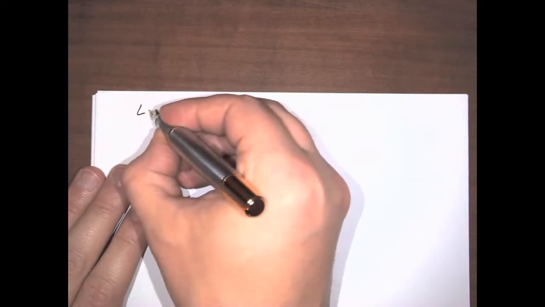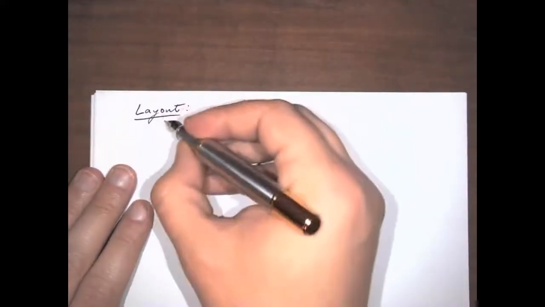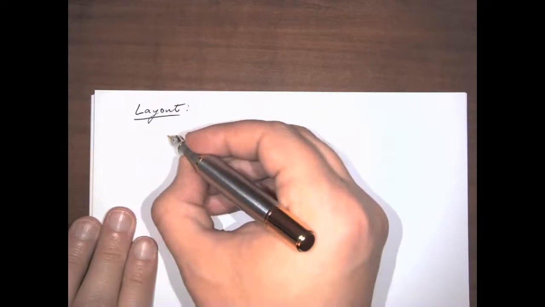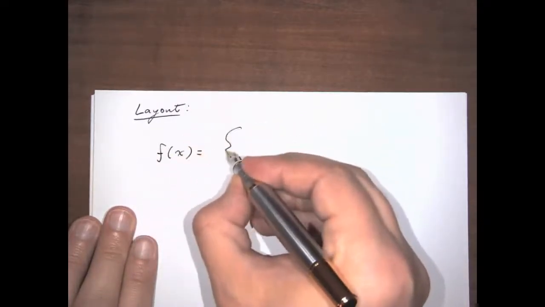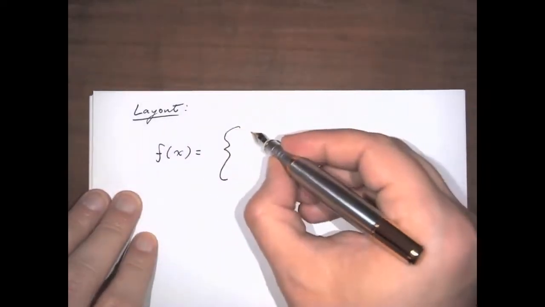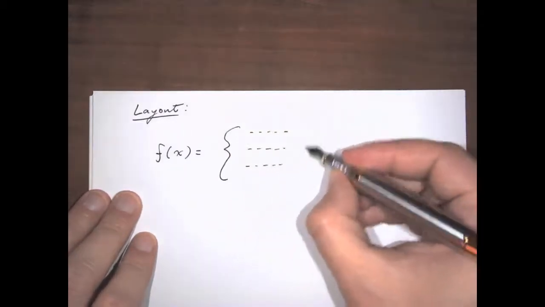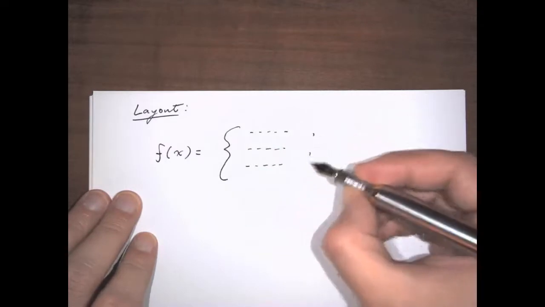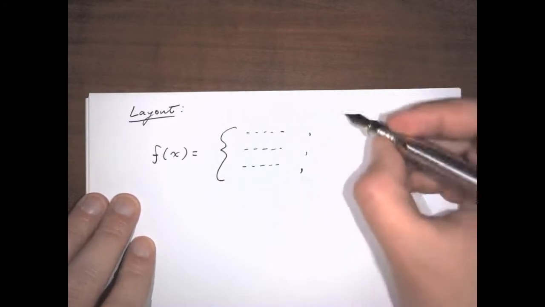The layout for this is like so. f of x is equal to, and then you have a big brace, and here you put a formula, a formula, a formula, then you have something to separate it, either a comma or the word if or when or semicolon, or sometimes just a big space.